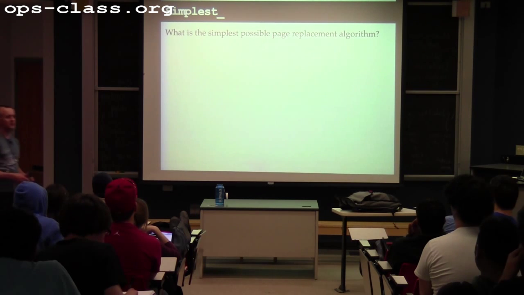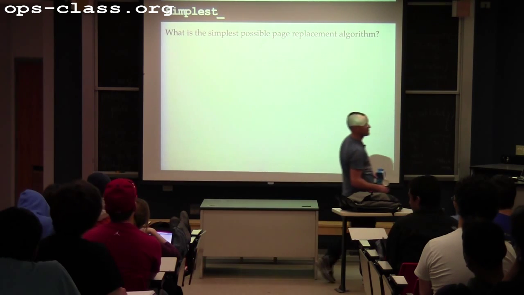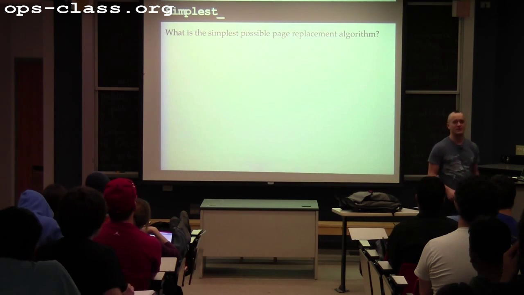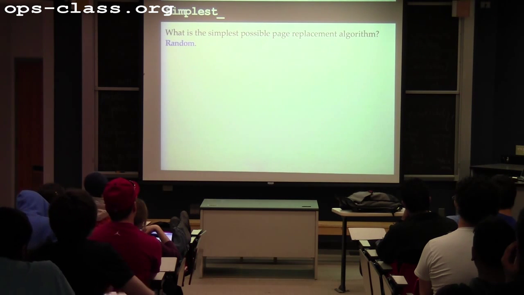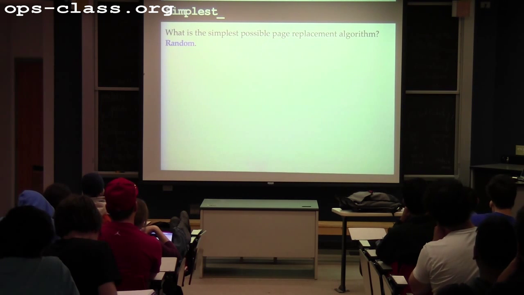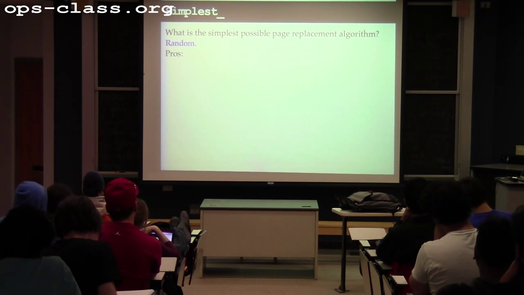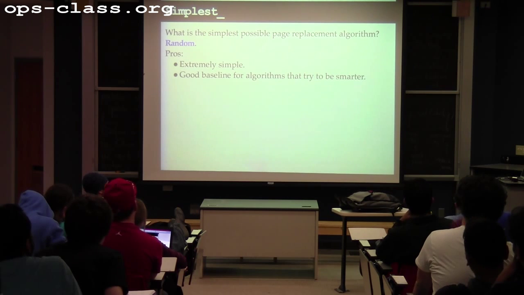You can draw more parallels with scheduling. What is the simplest possible page replacement algorithm? Random, our good friend. Just pick a page at random to evict. What's good about this? It's really simple, and it's a great baseline for algorithms that try to do better.